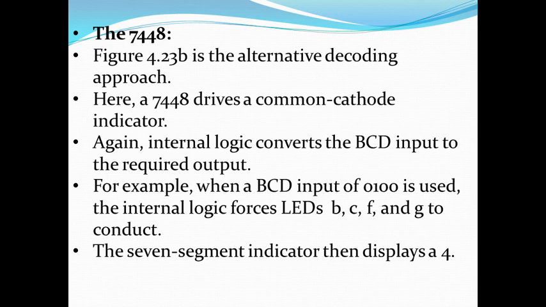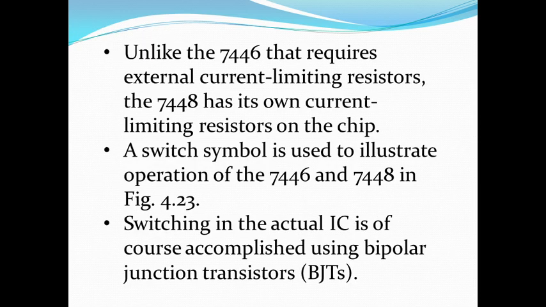Again, the internal logic converts the BCD input to the required output. For example, when a BCD input of 0100 is used, the internal logic forces the LEDs B, C, F and G to conduct. The 7-segment indicator then displays the decimal number 4.